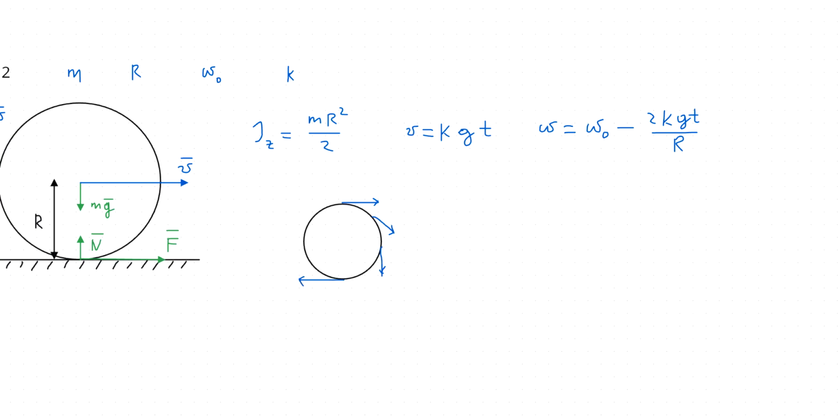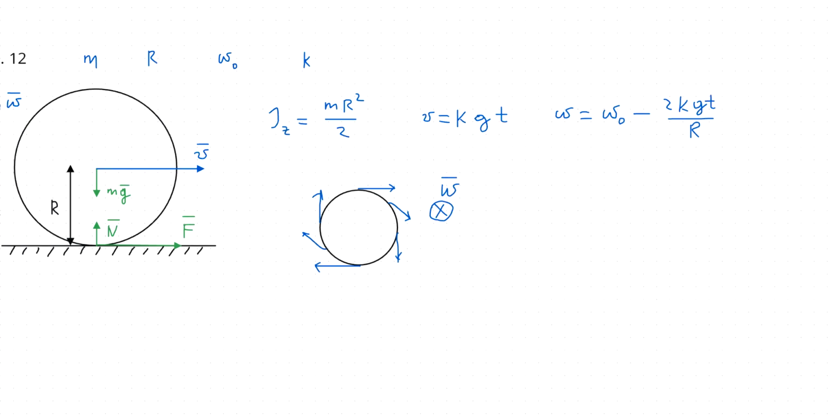If we have angular velocity directed like this, we will have this situation, and this velocity will be some v0.